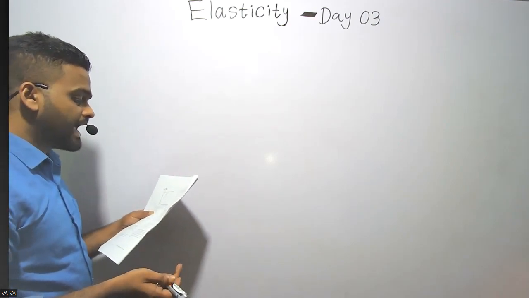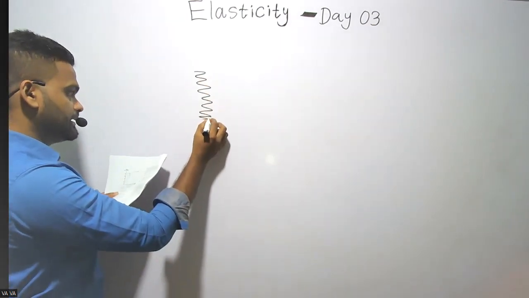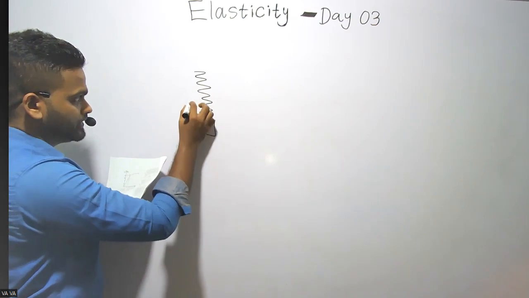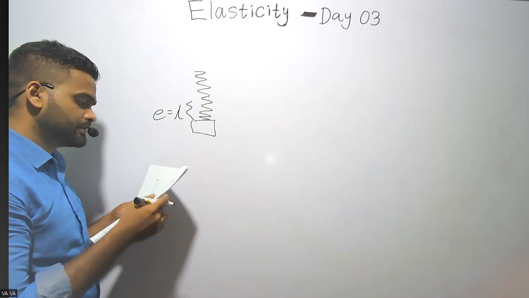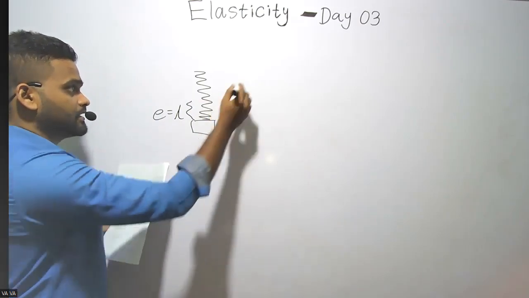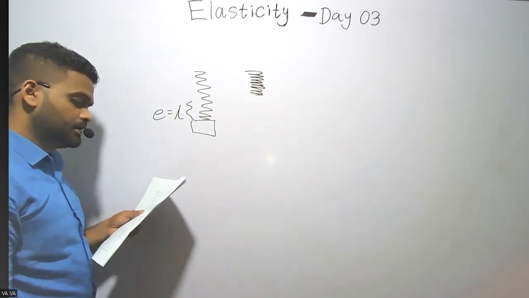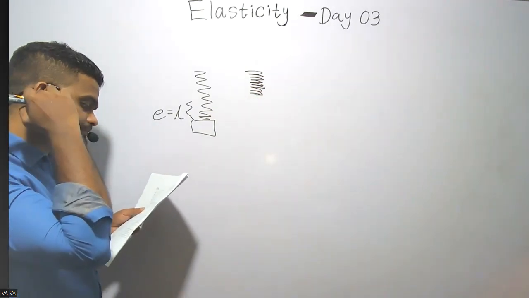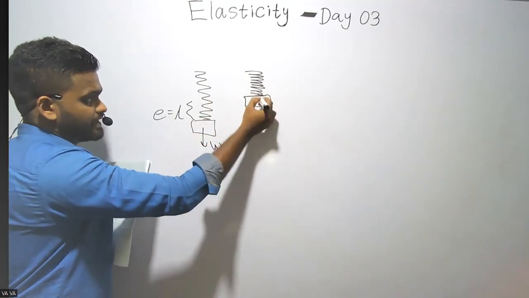When a mass is hanged from a spring, its length increases by L. So the extension is L. When the spring is cut in half, the same mass is applied, meaning same load.